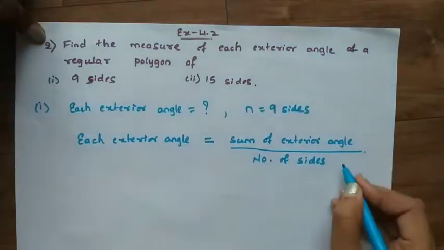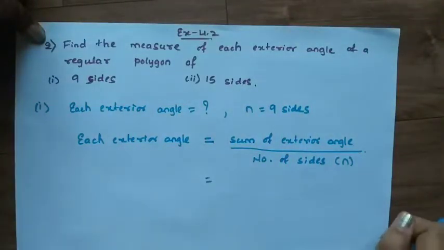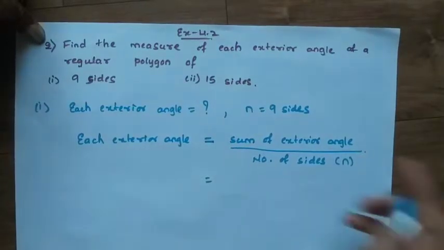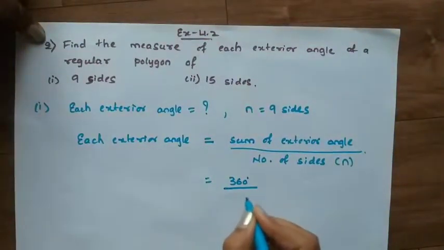Here the number of sides is denoted by the small letter n. So here we know that the sum of the exterior angles of any polygon is 360 degrees. So the value is 360 degrees divided by number of sides.